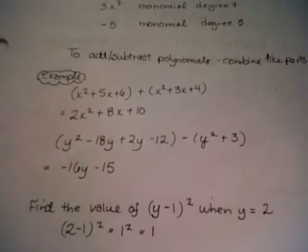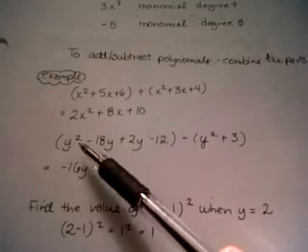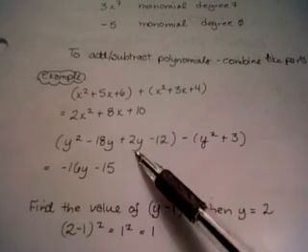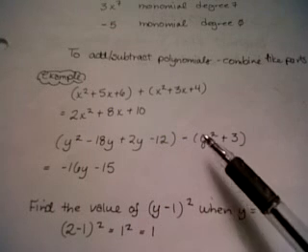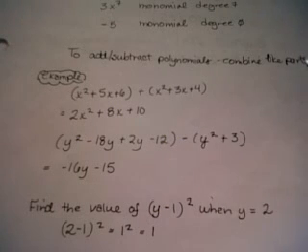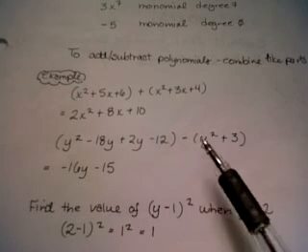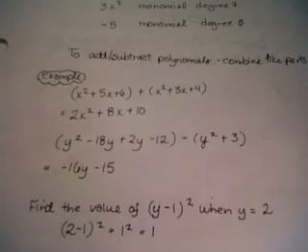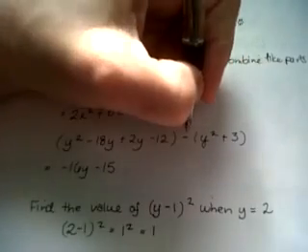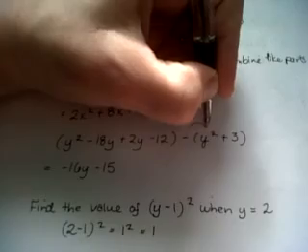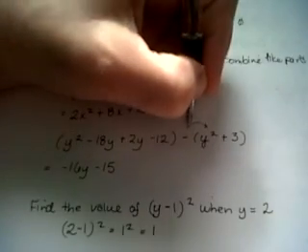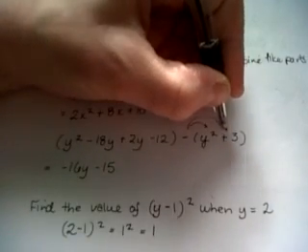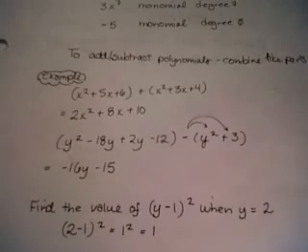Now I could also have something that looks like this, y squared minus 18y plus 2y minus 12, minus y squared plus 3. Now be really careful here. This is saying minus all of this binomial. And so when I'm going to subtract all of it, I need to make sure I distribute that negative and I subtract the y squared, and I distribute that negative and I subtract the 3.